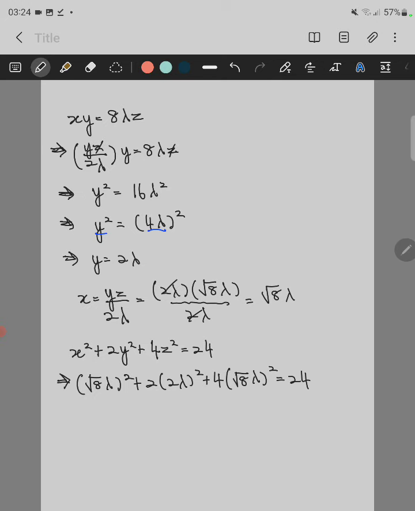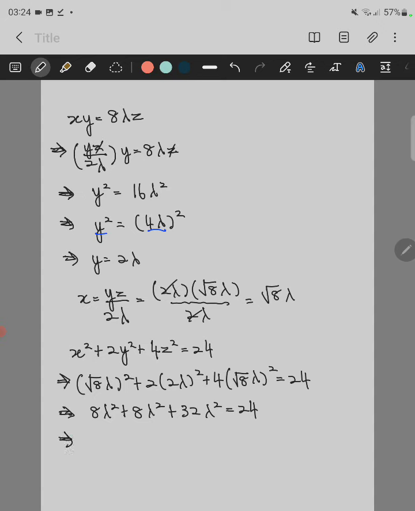Then from here we can find our lambda. Since we have 8 lambda squared plus 8 lambda squared, and then plus 32 lambda squared equals 24.